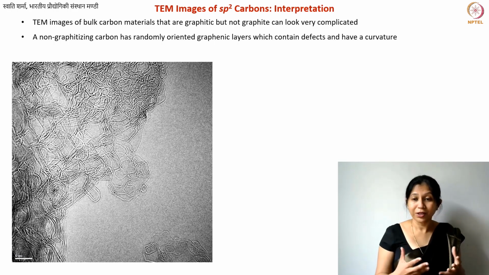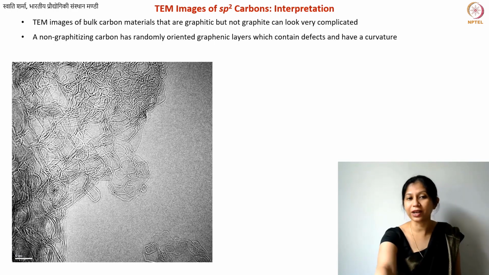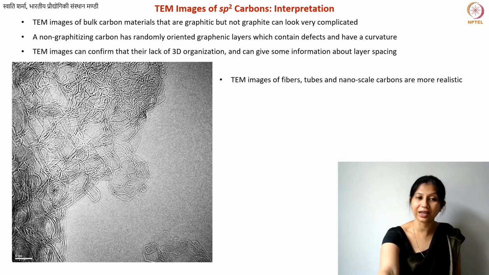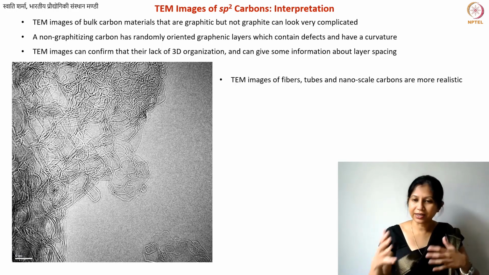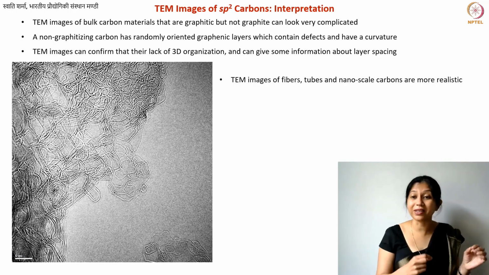What do you see here? This is a crazy image, right? What can you say? Maybe all you can tell from this image is that this material is definitely not graphite, and definitely there is no 3D organization in the material. That's all you can say. You can really not tell anything about how the crystallites are organized. We can say that crystallites are randomly organized, but how exactly are they organized?